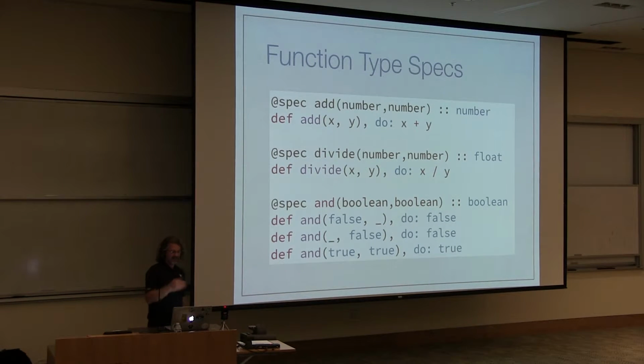So let's jump down to the AND example we were just talking about here. It's the same definition for the AND function. All we've done here is add a type spec above it that says that the input arguments must be Boolean. And now having done so, this will override the type inference mechanism by Dialyzer, and it will use the types that you declared for your function rather than what it could infer based on its usages.